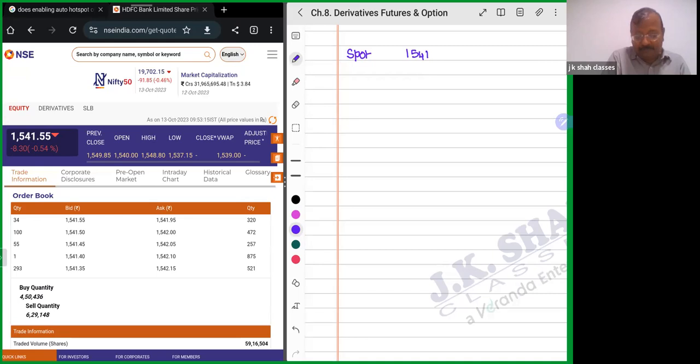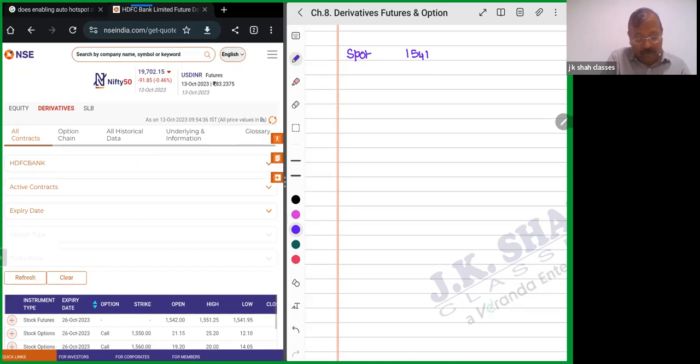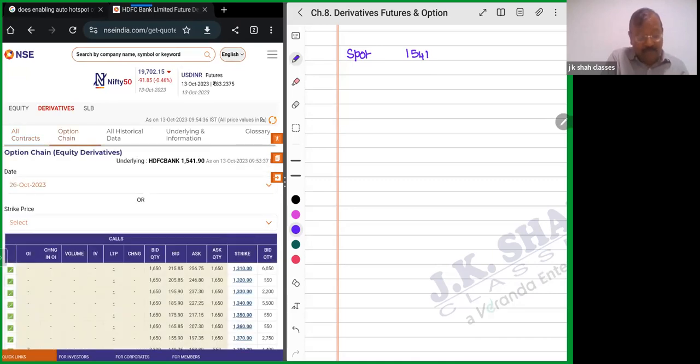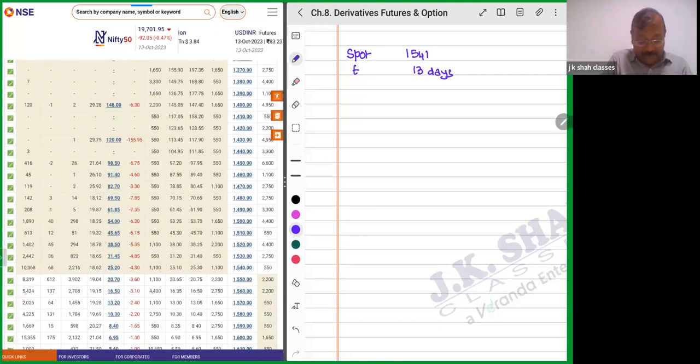Now, let's go to derivatives, option chain, and this is 26th October. So that means time is 13 days to the 26th. Now let's look at any strike price. Let's look at 1540.